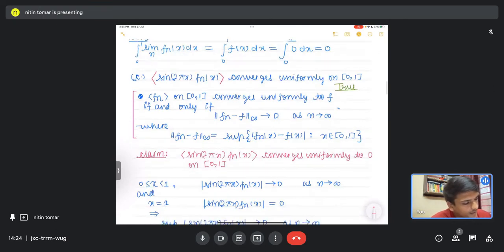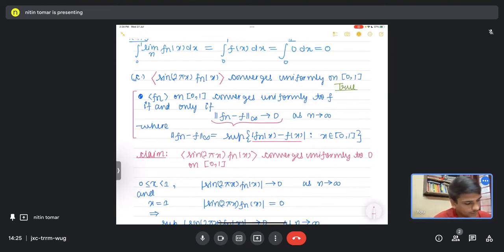So remember this is the supremum test: a sequence fn converges uniformly to a function f if and only if the supremum norm converges to 0 as n tends to infinity, where the norm of fn minus f is the supremum of the modulus of fn(x) minus f(x) such that x varies over the closed interval [0, 1].